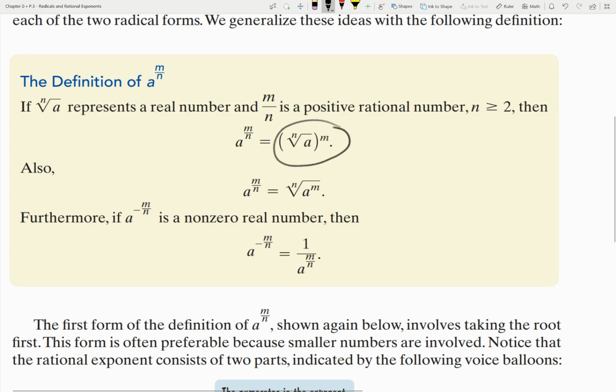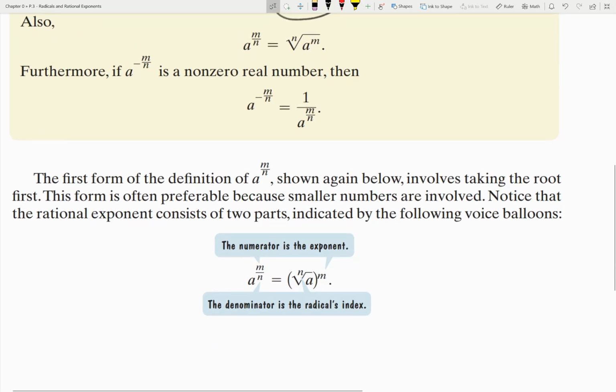Taking the root first and making the number smaller and then raising it to an exponent is easier than doing it the other way. We'll look at a problem in a minute. Okay, so the first form of the definition of a to the m over n shown below involves taking the root first. Again, this is preferable because it makes the number smaller.